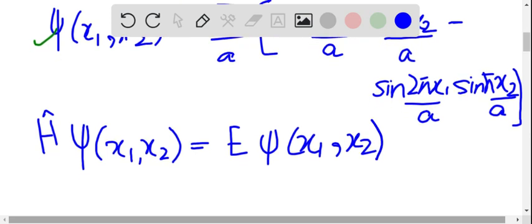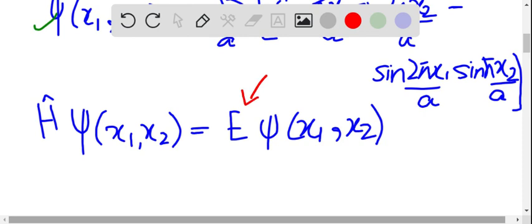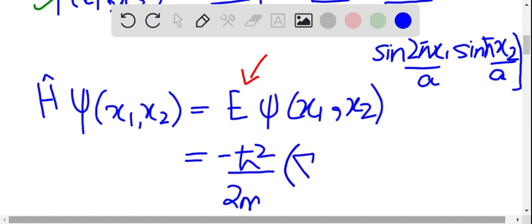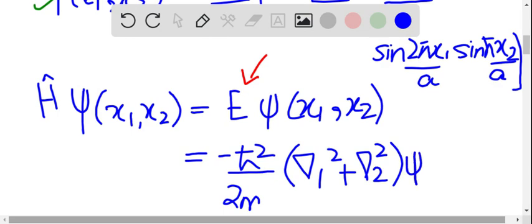The next step is that we need to plug in the value for H, which is −ħ²/2m (∇1² + ∇2²), times the wave function of x1 and x2. That is an equation that we already know; you just need to recall your previous knowledge.